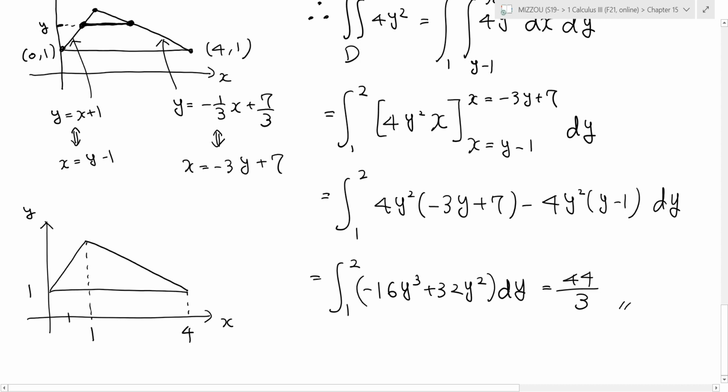Indeed, if you fix your x between 0 and 1, your y value varies from 1 to this line, namely x plus 1. On the other hand, if you fix your x between 1 and 4, then your y value varies from 1 to the line here, that's going to be this. So that means you have to separate the integral into 2 different parts. In principle, you could do this, but it's not a good idea.